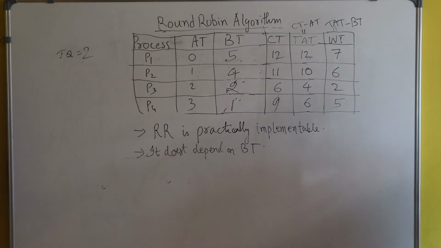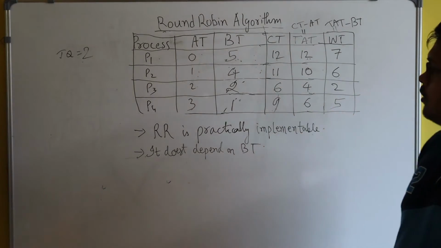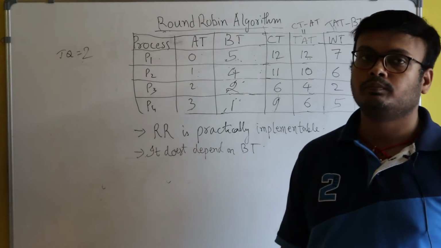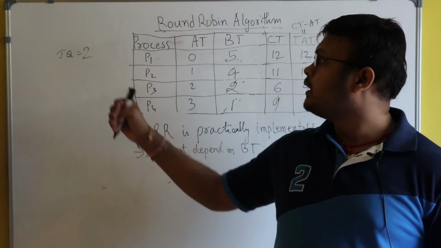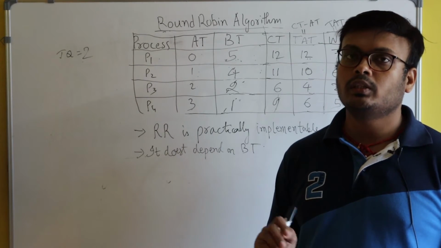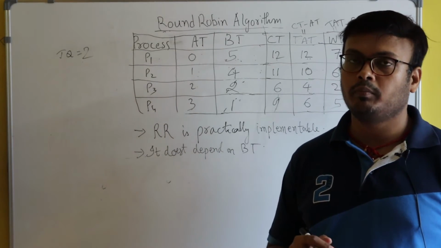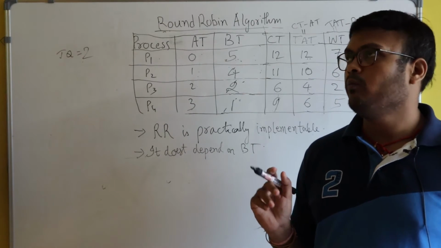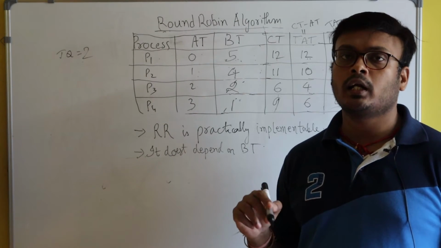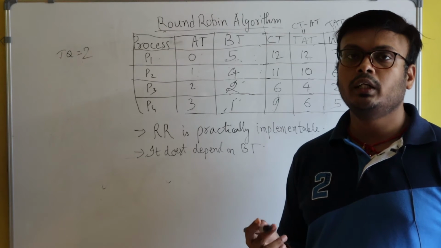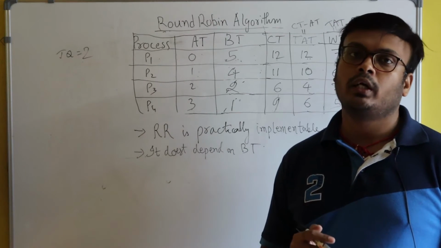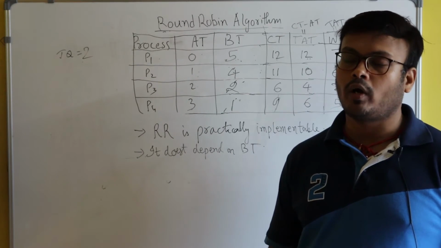Now, there is a question, what about time quantum? If the time quantum is very large, then what will happen? If the time quantum is very large, then the RR algorithm will degenerate to the FCFS algorithm. Why?